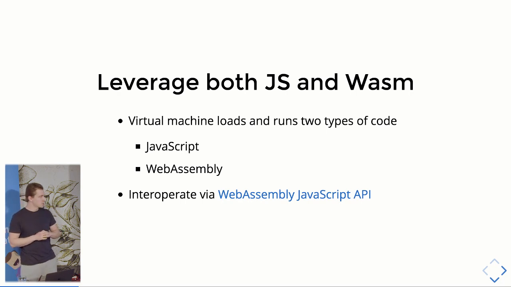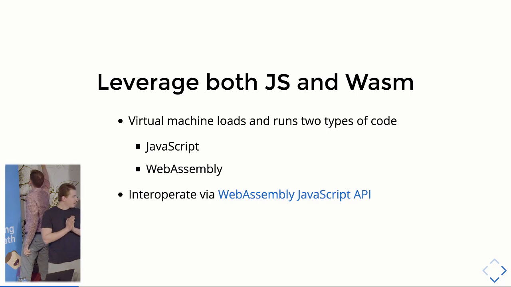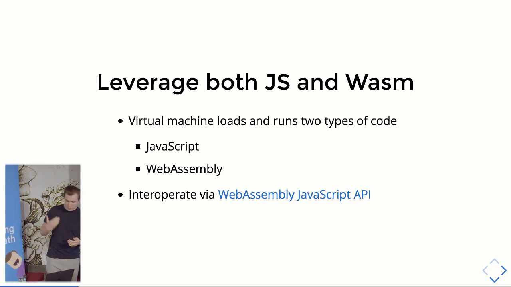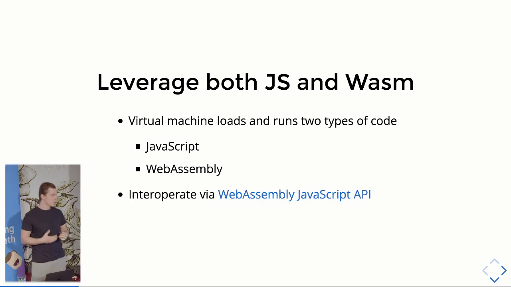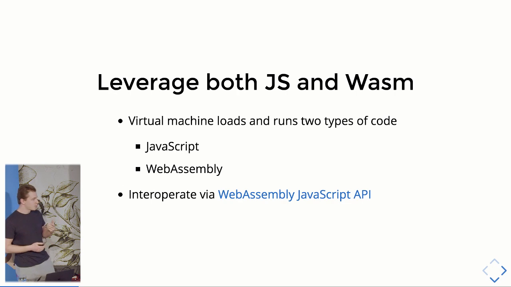Therefore, there was a need to make it possible for the two types of code to communicate with each other. And that's why the WebAssembly JavaScript API was introduced. JavaScript is fully responsible for loading WASM modules, importing their exports, and also providing web API functionality to it.